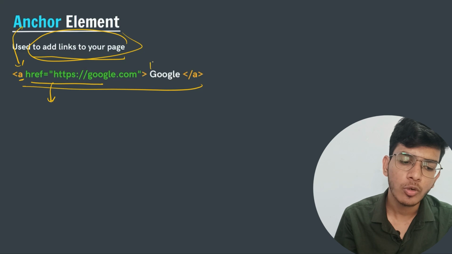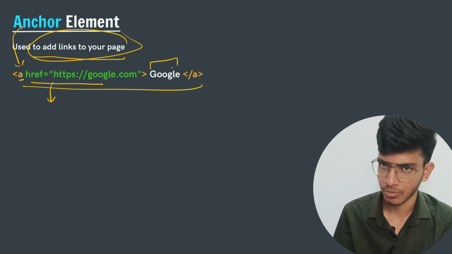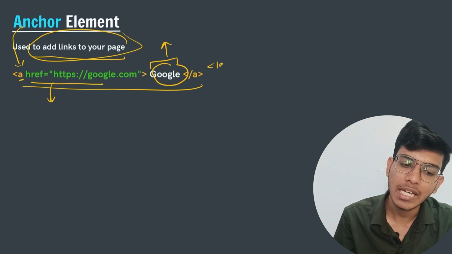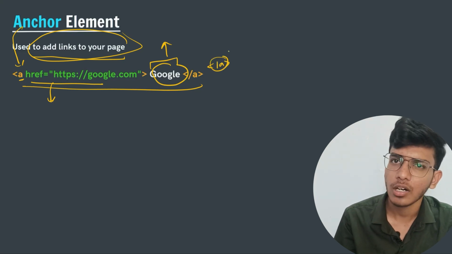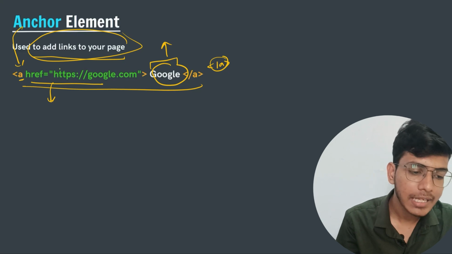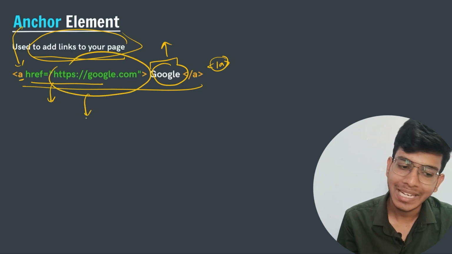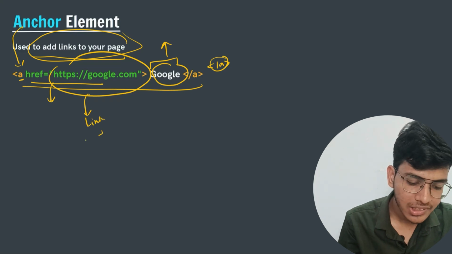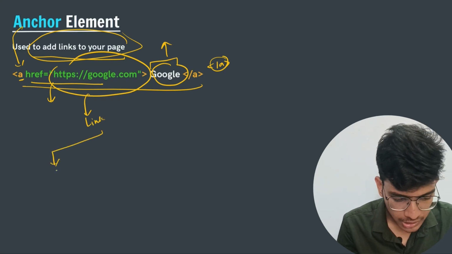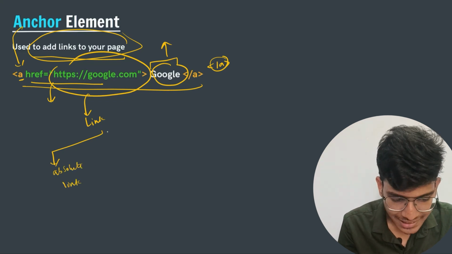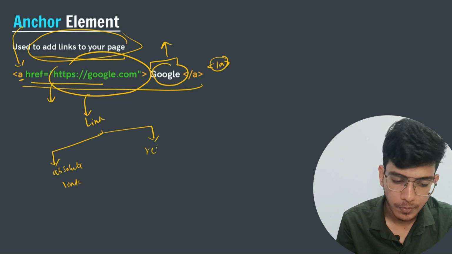And if you want to display some text about that link, then you can write the content here before the closing a tag. This is the format of writing anchor tag. Here we will give the link by using href, and this link is of two types: absolute link, and the second type of link is relative link.